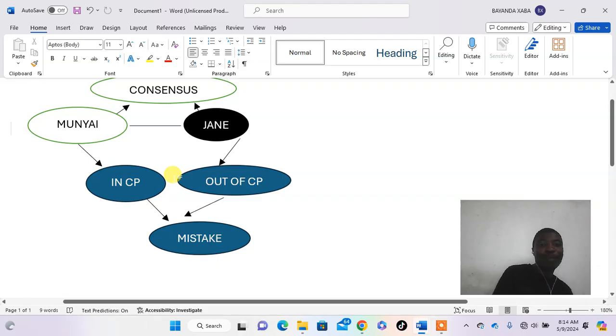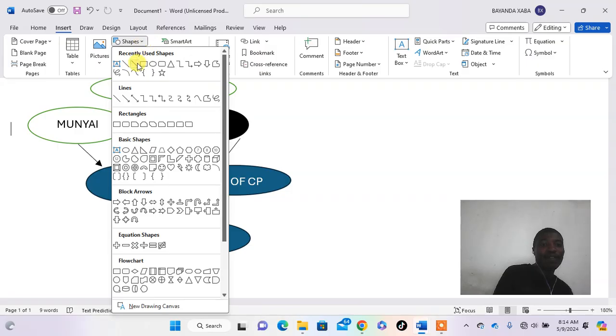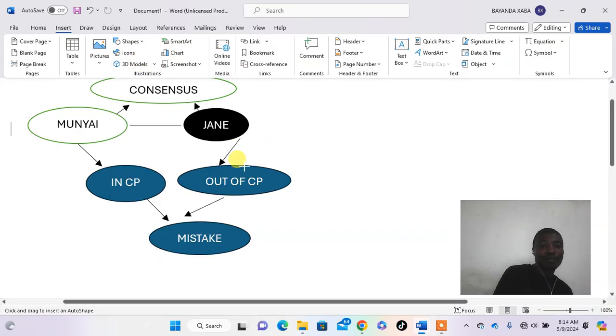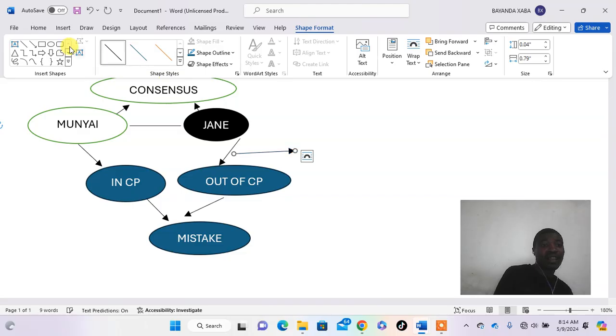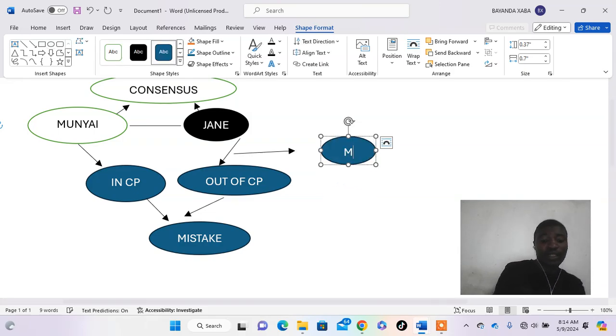When someone manipulates others or improperly gets consent, immediately when you improperly get a consensus, it gives rise to what we call misrepresentation.